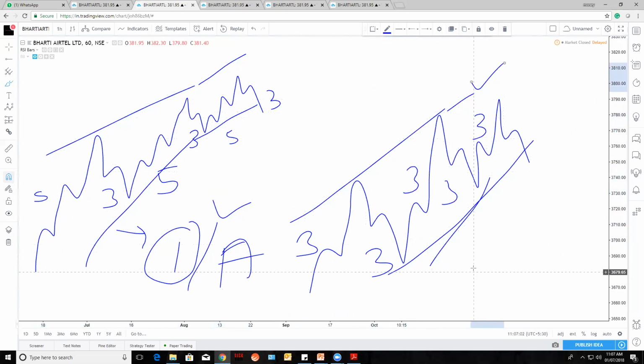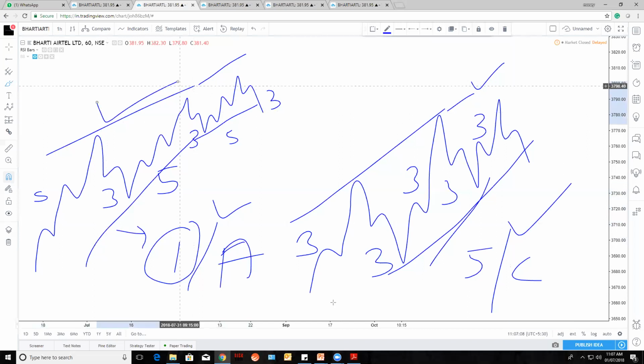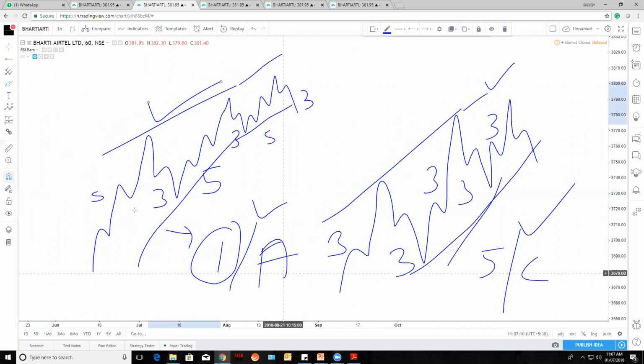An ending diagonal will come in wave 5 or in wave C, at the end, while the leading one comes in the beginning. So the only difference is that the leading diagonal comes in the beginning and the ending diagonal comes in the end. Internally they can be a 5 3 5 3 5 structure, but an ending diagonal can be 5 3 5 3 5 or 3 3 3 3 3. I hope up to now it is clear to everyone.